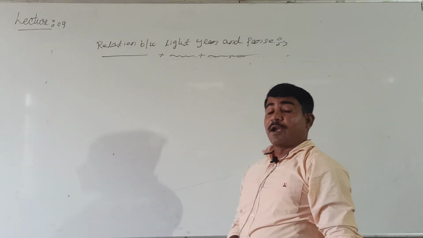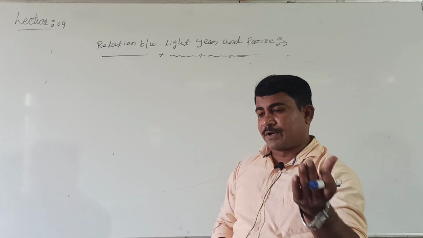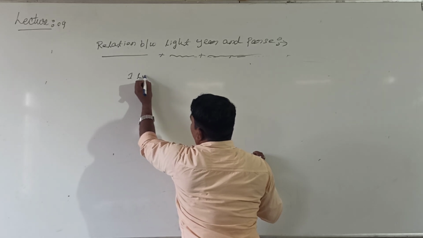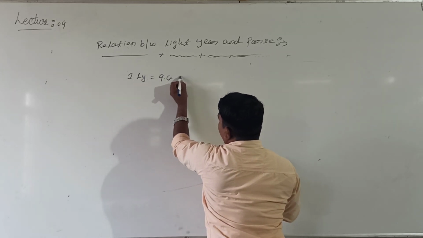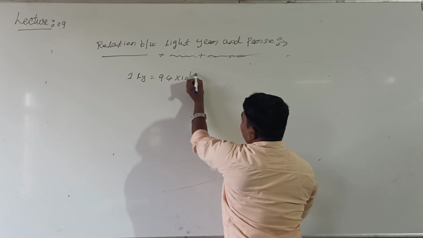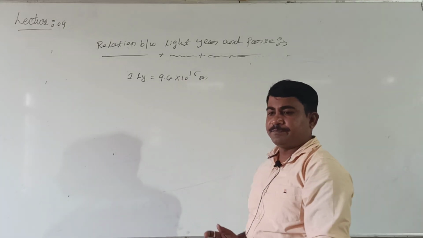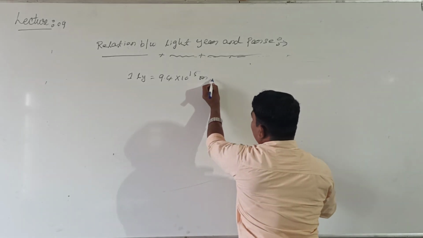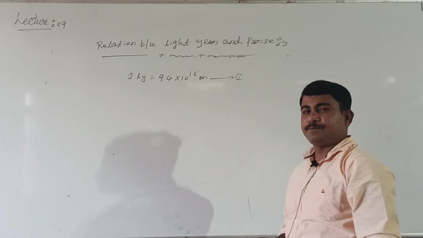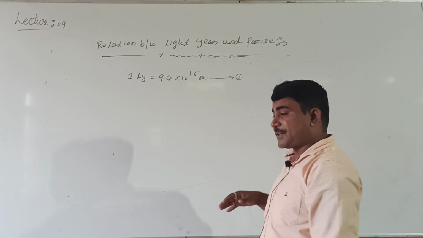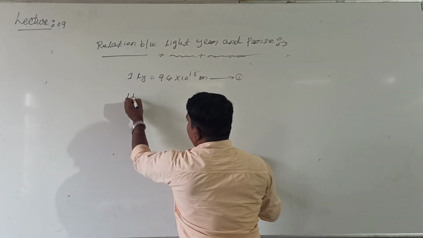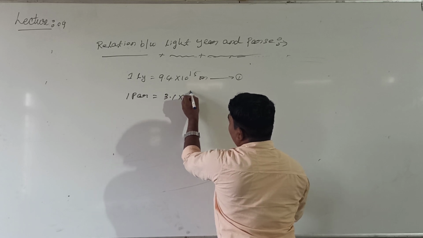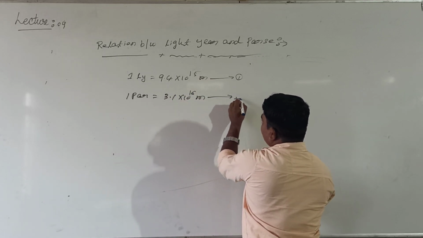Relation between light year and parsec. Students, you know 1 light year. What is 1 light year? 1 light year equals 9.4 into 10 raised to 15 meter. Right? Then what is 1 parsec? Let us take this as equation 1. 1 parsec equals 3.1 into 10 raised to 16 meter. Call it 2.